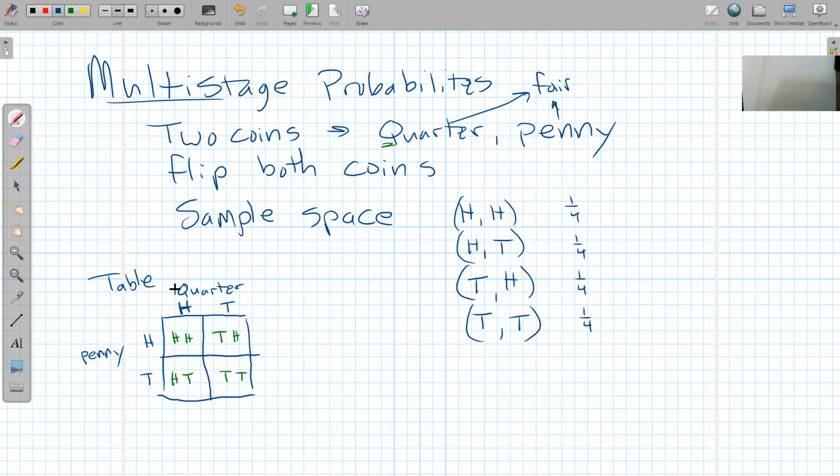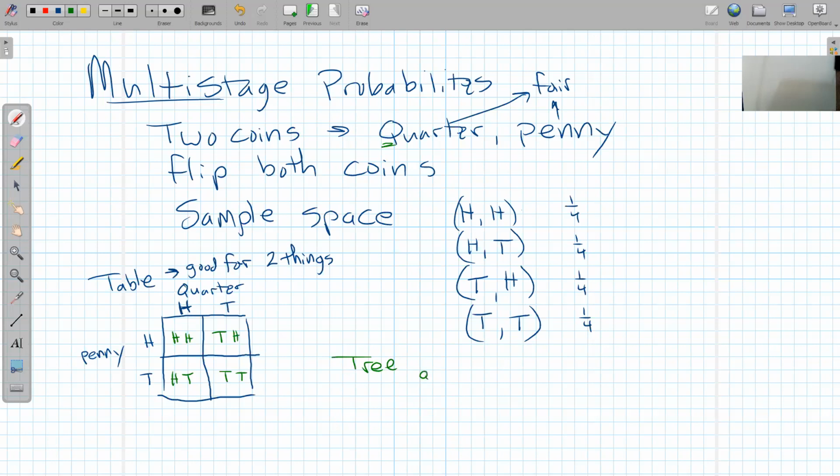So if you have only 2 things you're comparing, a table is nice. Just a note here, a table is good for 2 things. A tree diagram is another thing we use sometimes, and a tree can be used for more than 2 things, which we'll look at in a moment.